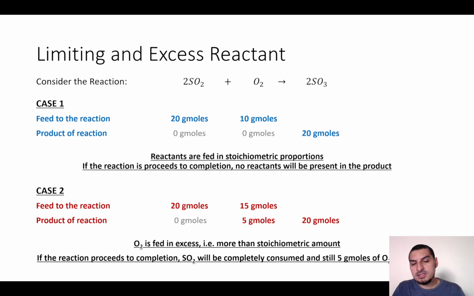And this is a very important thing to know, because in most of the reactions that we perform, we don't stick to the stoichiometric ratios, and we add amounts of one of the reactants more than the stoichiometric ratios. And then comes the meaning of the two terms, the limiting and the excess reactant.